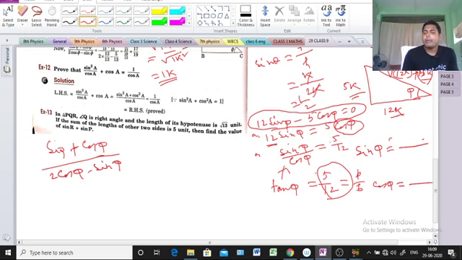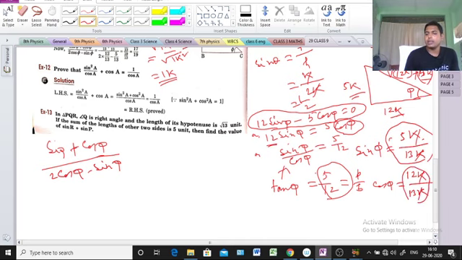Sin means perpendicular by hypotenuse, that is 5k by 13k. The k will cancel, so sin phi equals 5 by 13. Cos phi equals base by hypotenuse. The k will cancel, and we get 12 by 13.